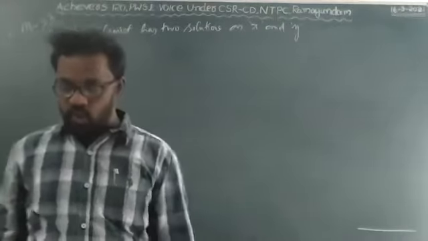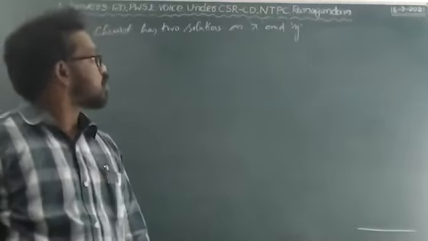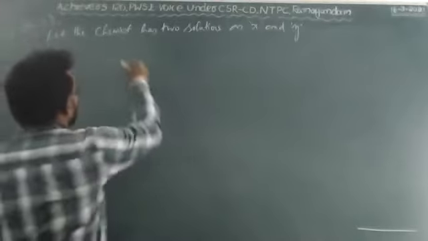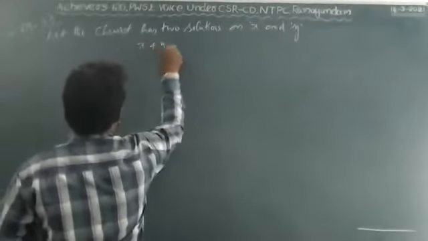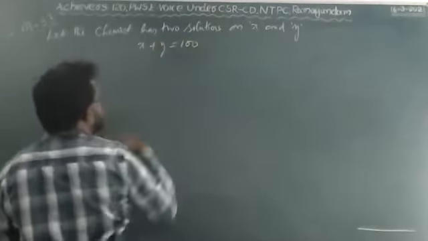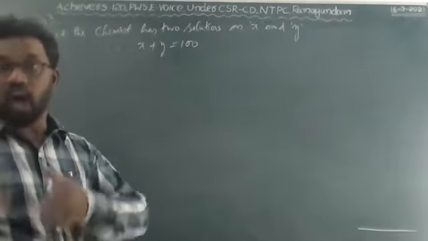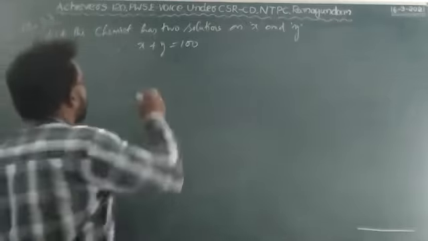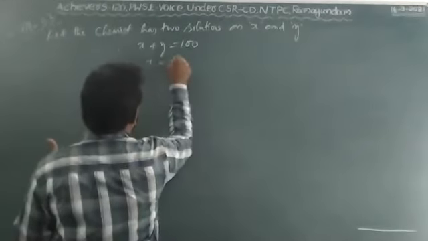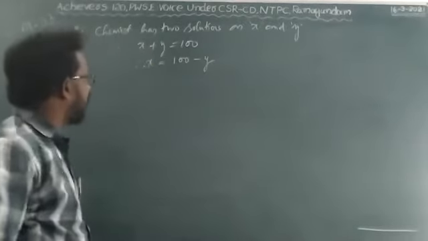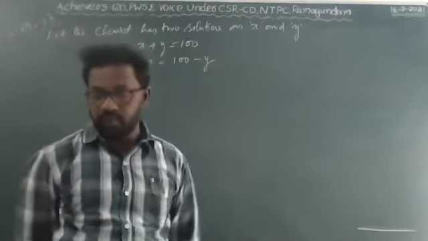A chemist has two solutions as x and y. Therefore one equation is x plus y is equal to 100 ml. He is mixing 100 ml. Collect the value of x or y, whatever it is. See, x value is 100 minus y.